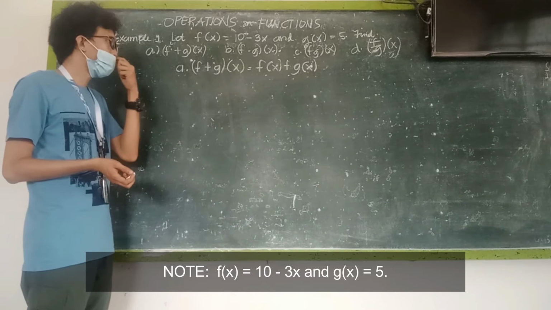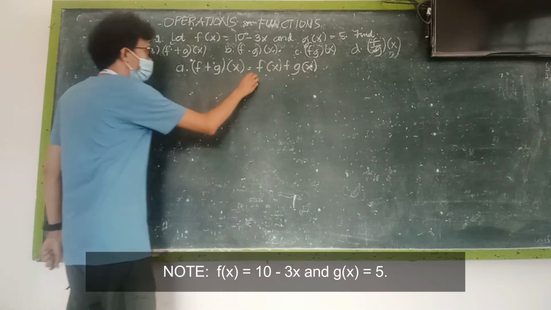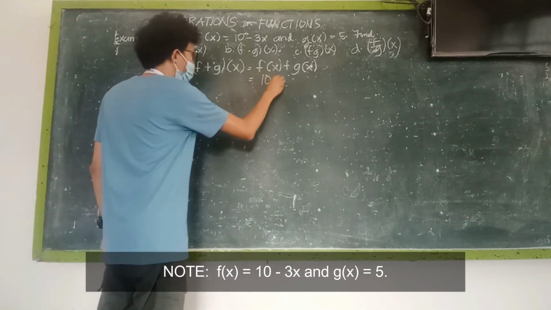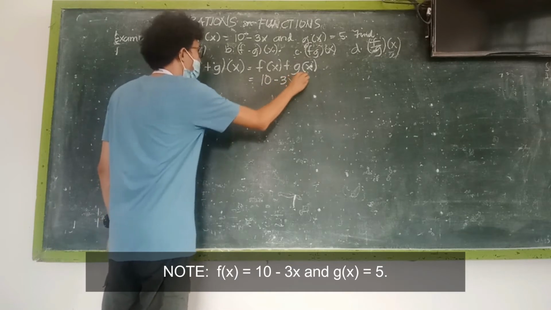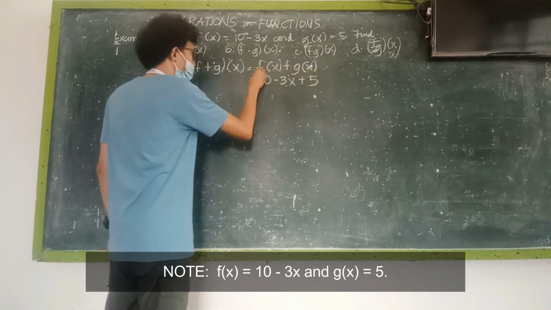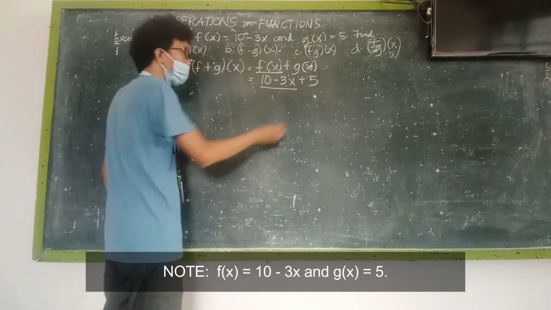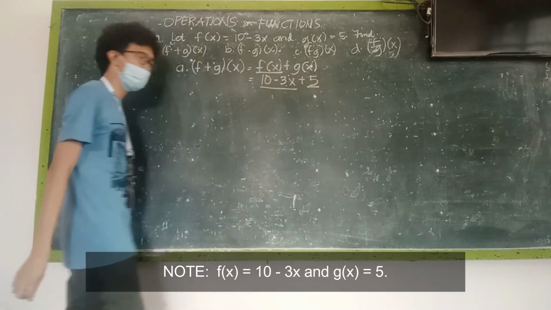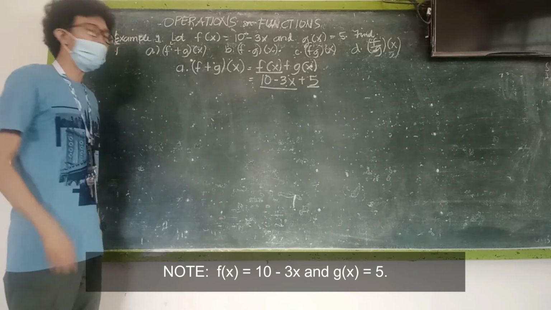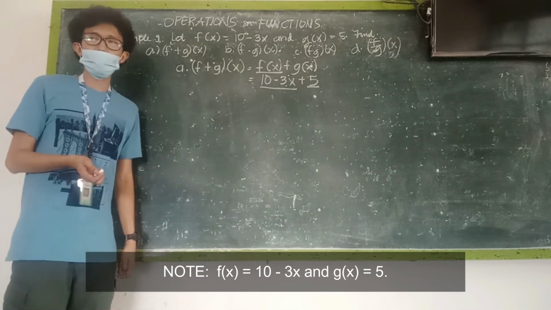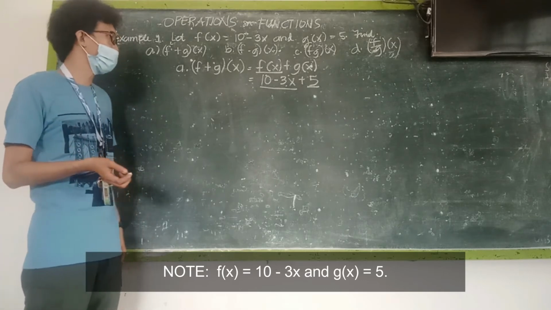So f of x plus g of x, so we have 10 minus 3x plus 5. Our f of x is 10 minus 3x, and our g of x is 5. We will combine like terms as the addition of polynomials told us to do.